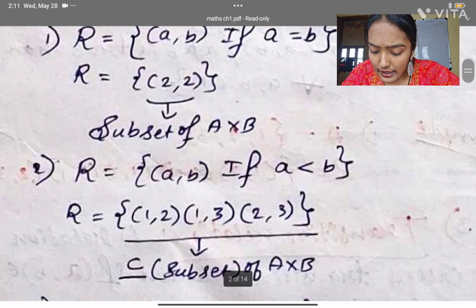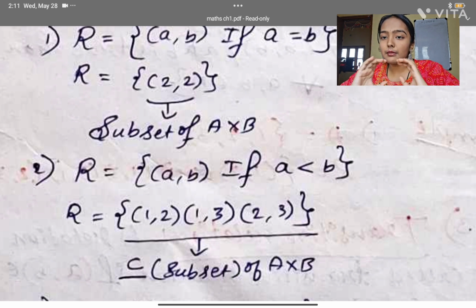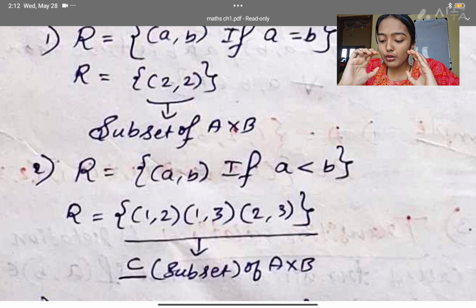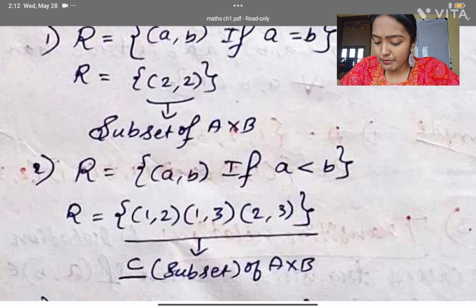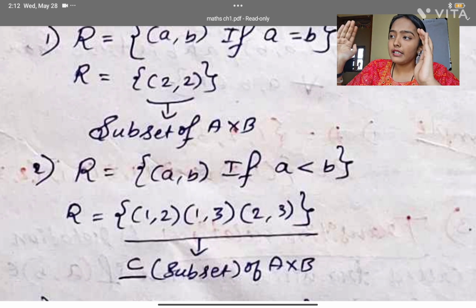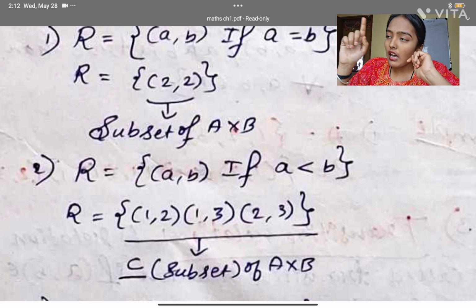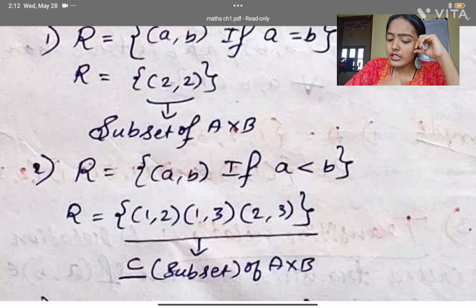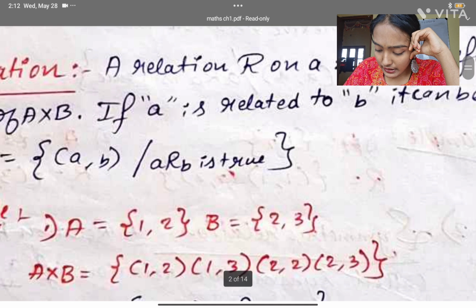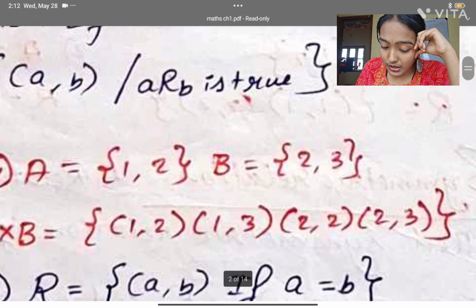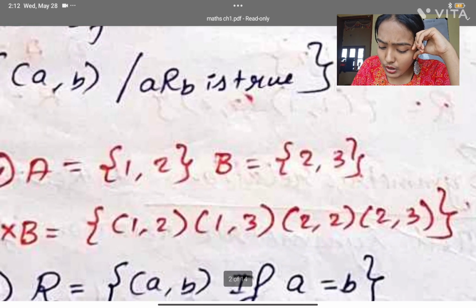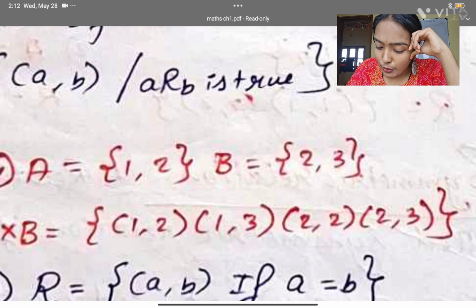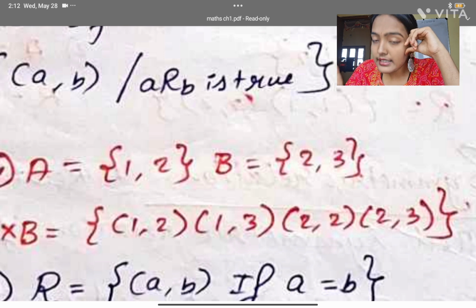Okay, another one is A comma B. What is A comma B? A subset. We are finding something. If A is less than B, we need to find a subset A comma B where the first element is less than the second element. So in this market, let's assume, we look for where the first element is smaller than the second element.